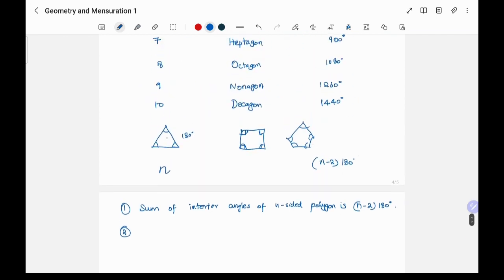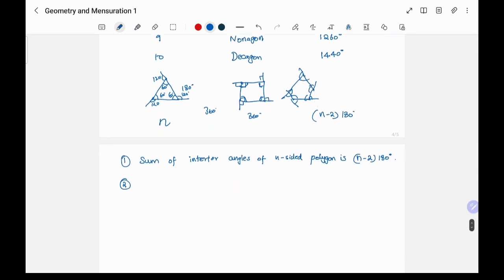So if you see the exterior angles in each case, let's say this 120, 120, 120. The exterior angles always add up to 360 degrees. So here it is 90, 90, 90, 90. So 4 into 90, 360 degrees. Here it will be similar. If you add these, it will still be equal to 360 degrees.